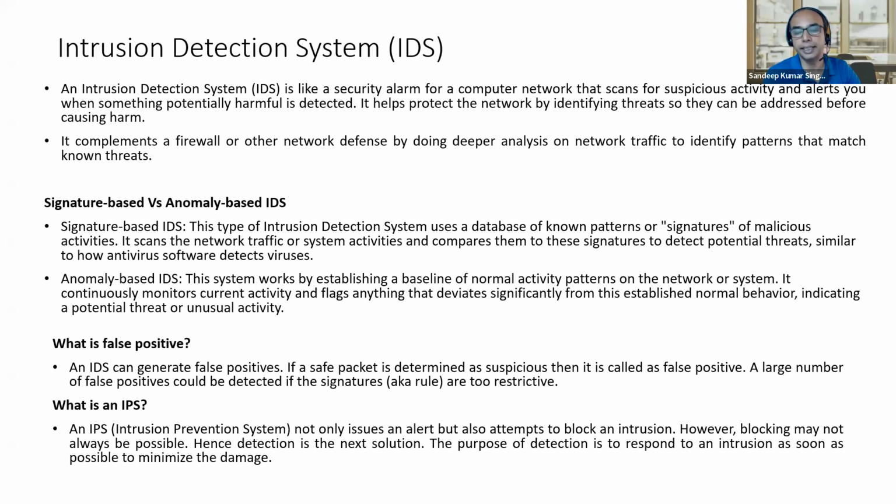Even an IDS can produce a false positive when it feels that some activity that was happening is malicious activity, right? For example, annually you run, say, an online conference or a virtual seminar.